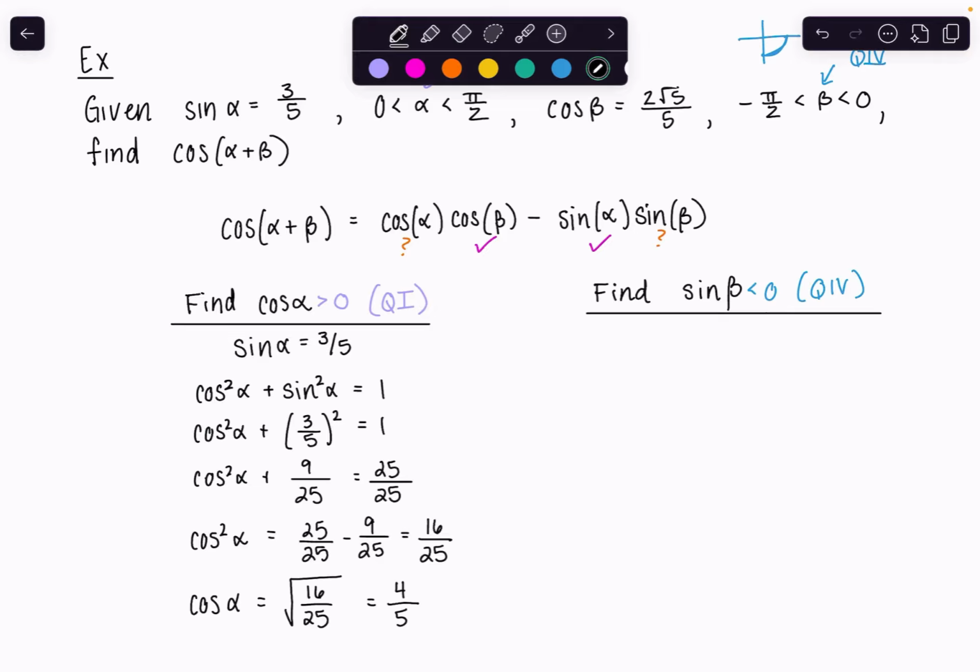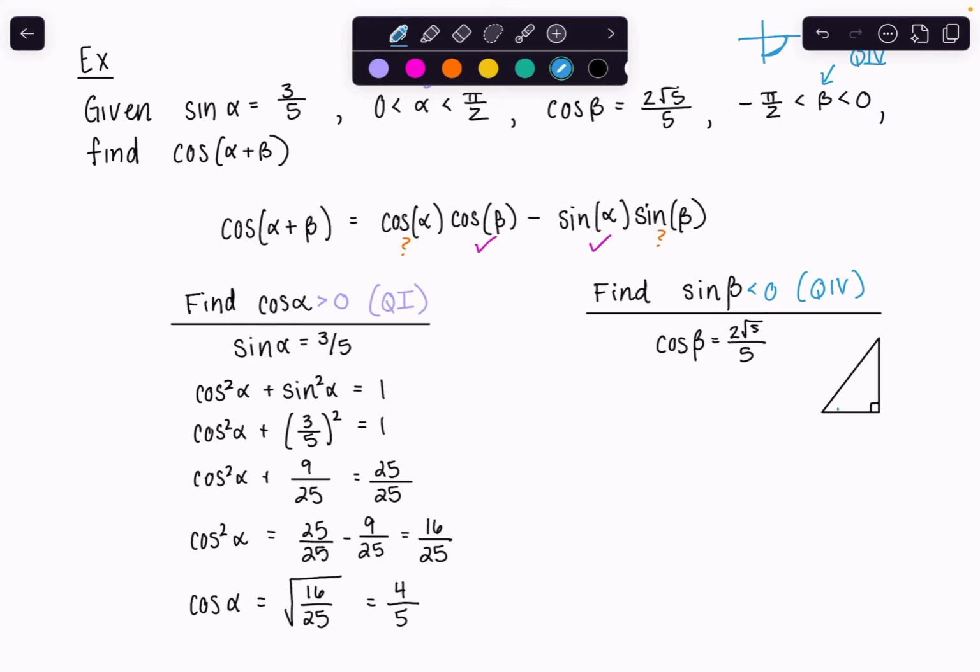Now I need to do the same thing and find sine of beta. And I'm given that cosine of beta is 2 root 5 over 5. So again, you can totally go ahead and use your Pythagorean identity, or you can make a triangle. I do not care which method you use. You can use the same one for finding both of these.